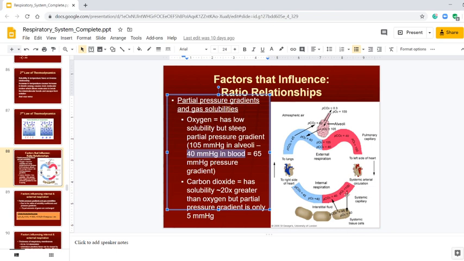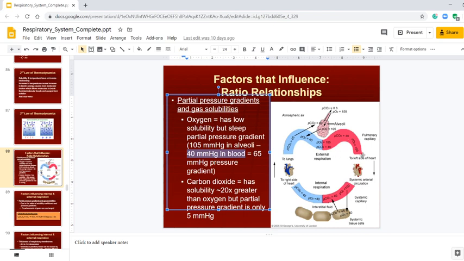Simple diffusion, high pressure to low pressure, okay? So here on the deoxygenated side, we have a higher carbon dioxide and a lower oxygen, and so that's going to switch, okay? Pressures from high to low, and we have that gas exchange, okay?